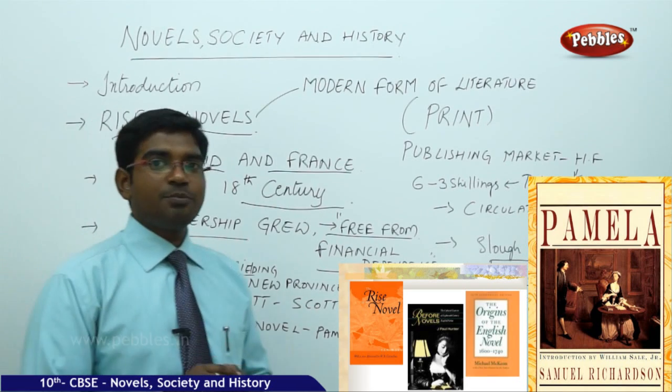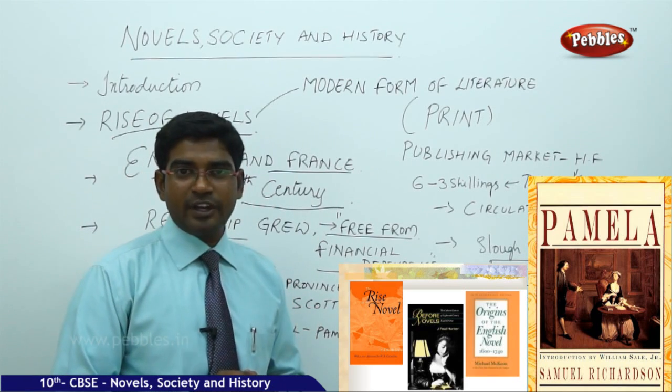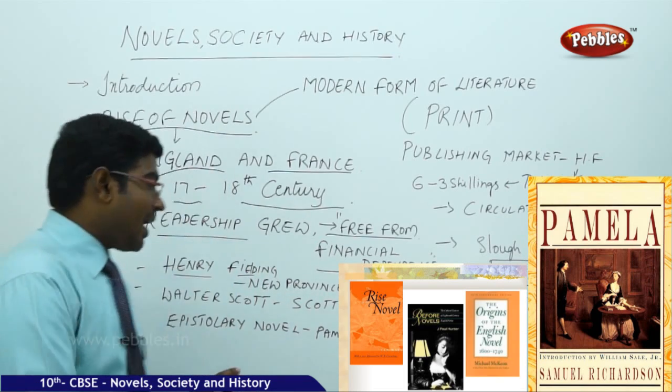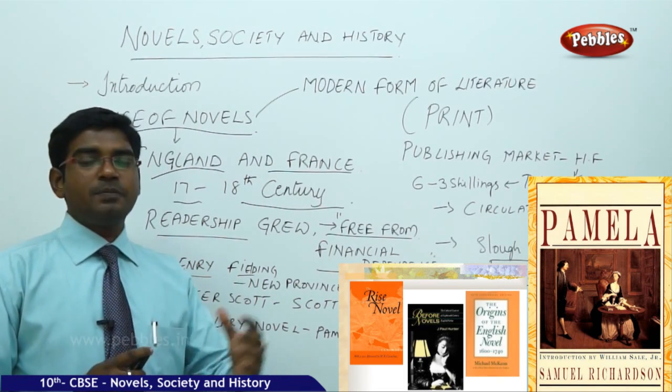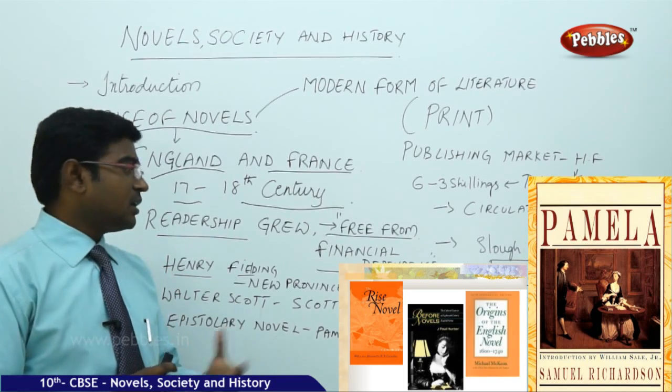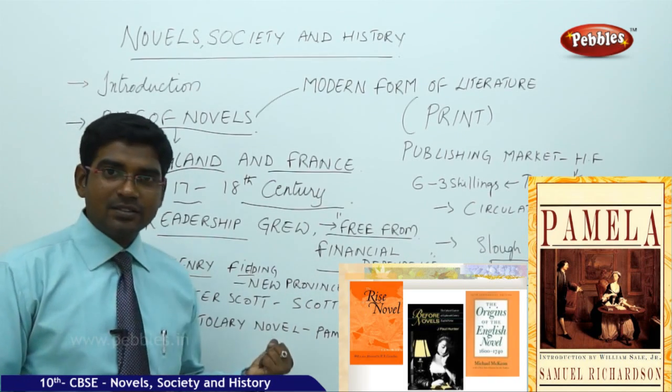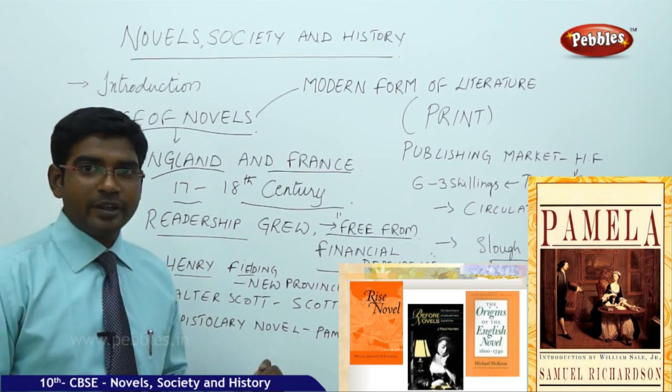But the key point we need to analyze here is that as the number of readers increased, and the sections of people who were reading grew, the authors and writers started to earn more money.